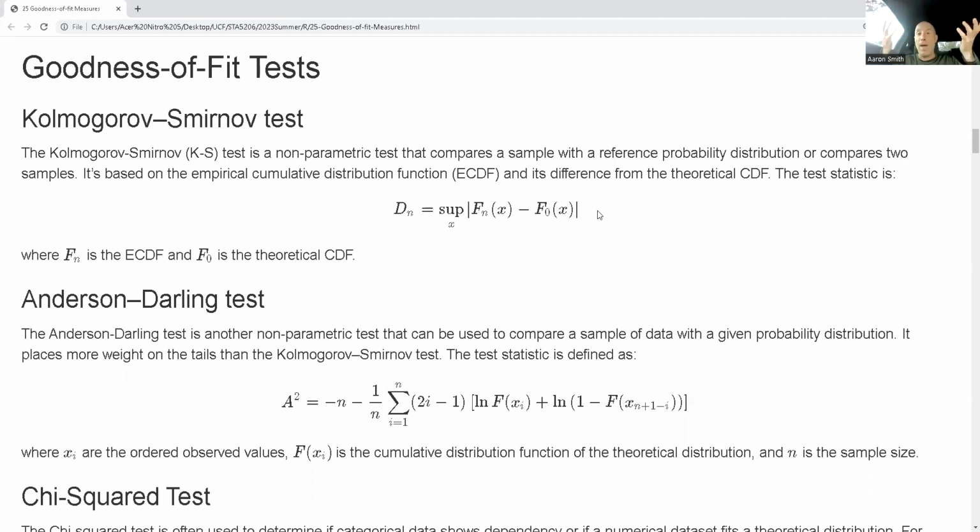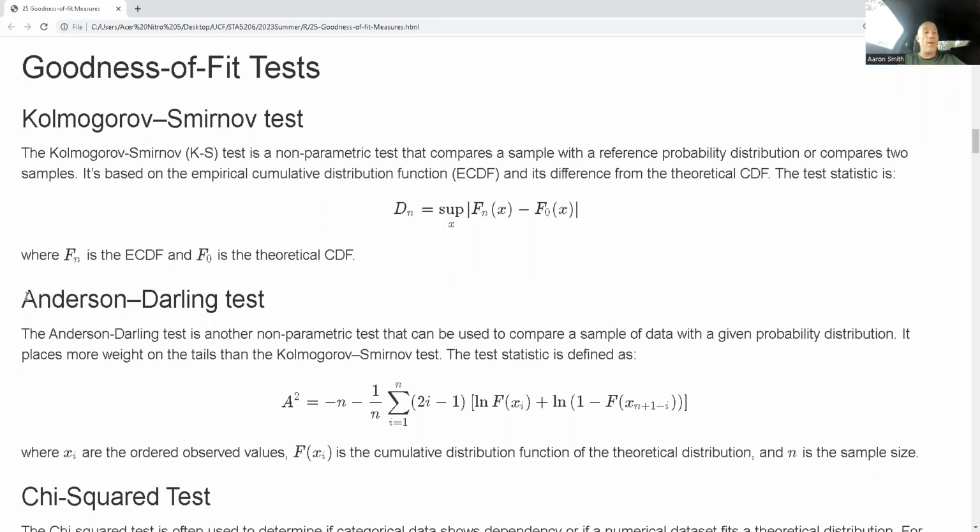Most of the time it'll be a max, but supremum is close enough. Then we use this to run a hypothesis test to see whether it looks like we have 2 different distributions. Our null hypothesis is that our observed data follows the theoretical distribution. Our alternative hypothesis is that our observed data does not follow the theoretical distribution.